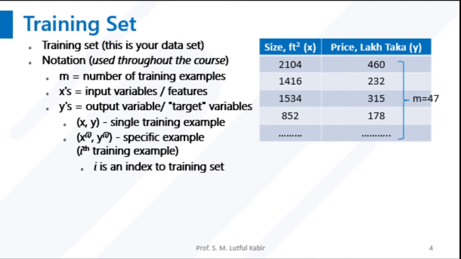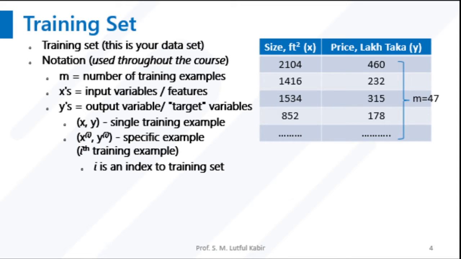I am going to use lowercase m to denote the number of training examples. For example, if you have 47 training examples, then m will be equal to 47. Let me use lowercase x to denote the input variables. This column is the input variables, or sometimes it is called input features.